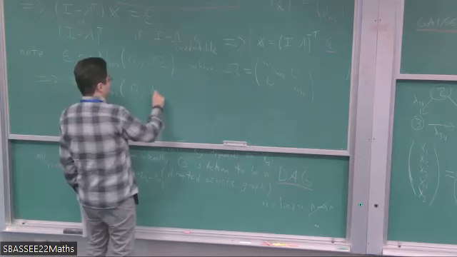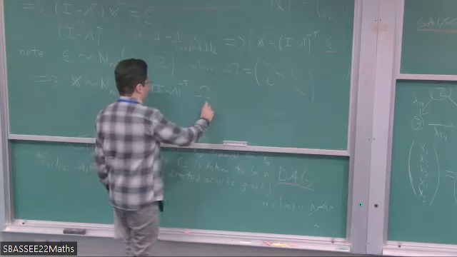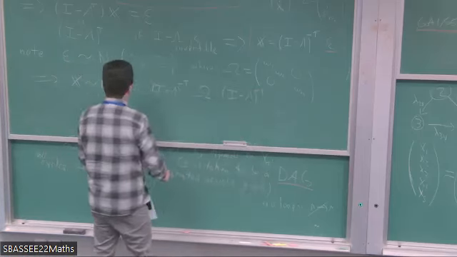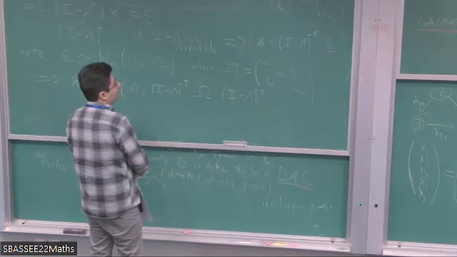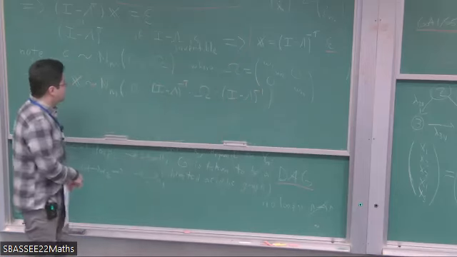So this means identity minus lambda, inverse transpose, times omega times identity minus lambda inverse. That's the transpose of this.